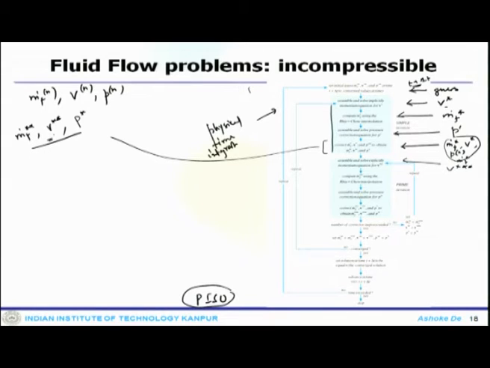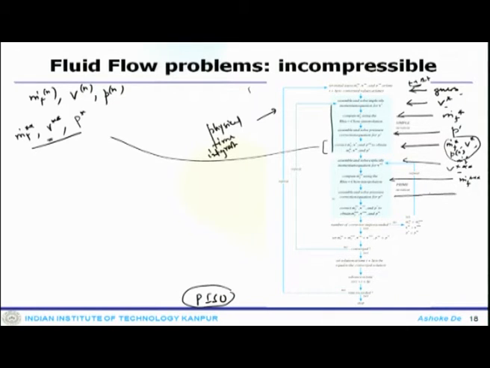So, what happens is that it goes in multi-level iteration. The first level you do a SIMPLE kind of algorithm, and initially you started with the guess value. Once you get a corrected value, you use that for the next level of the algorithm, where you obtain V^*, V^**. Then again you calculate m dot_F^*** using Rhie-Chow interpolation.